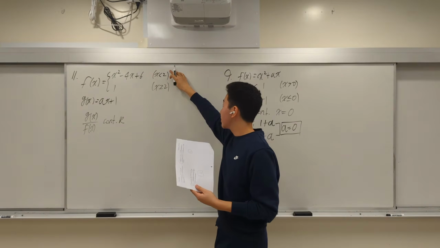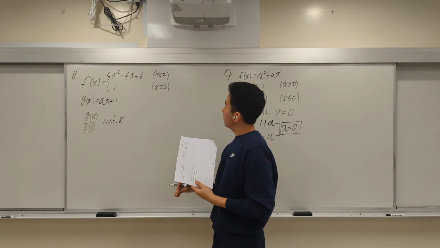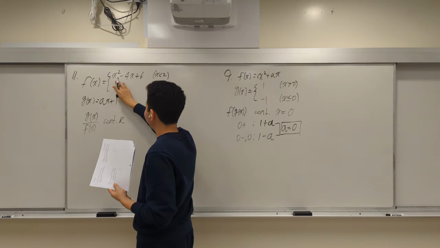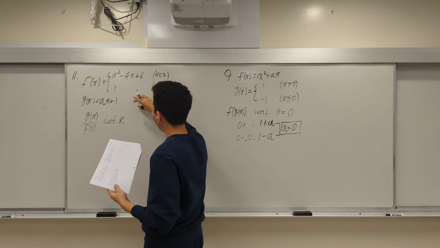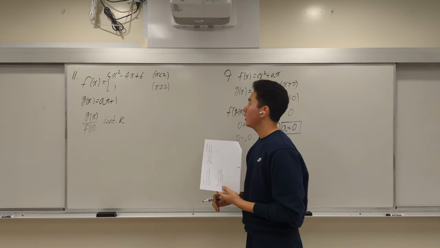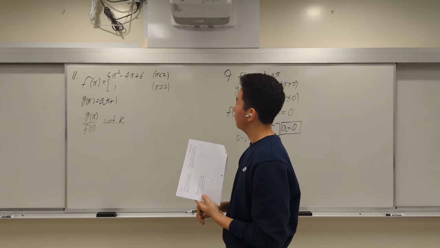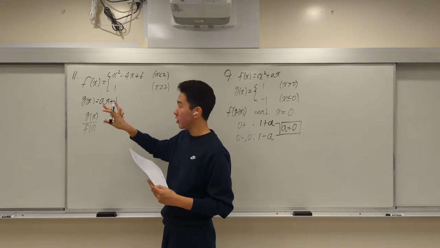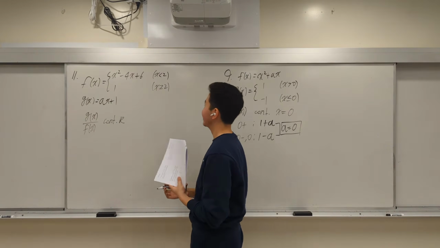That's when the function changes, right? The left-hand limit at x equals 2 is 4 minus 8 plus 6, which is 2, and then this is 1, so they don't match each other, and that's a discontinuity at x equals 2.